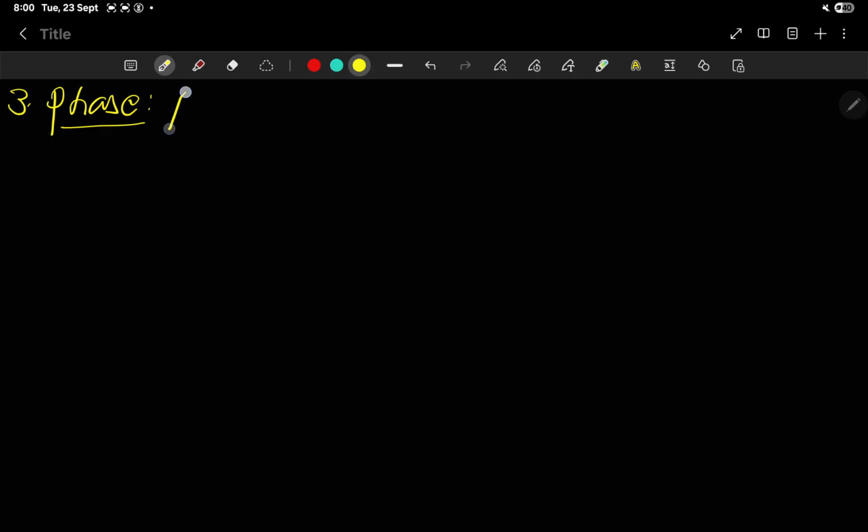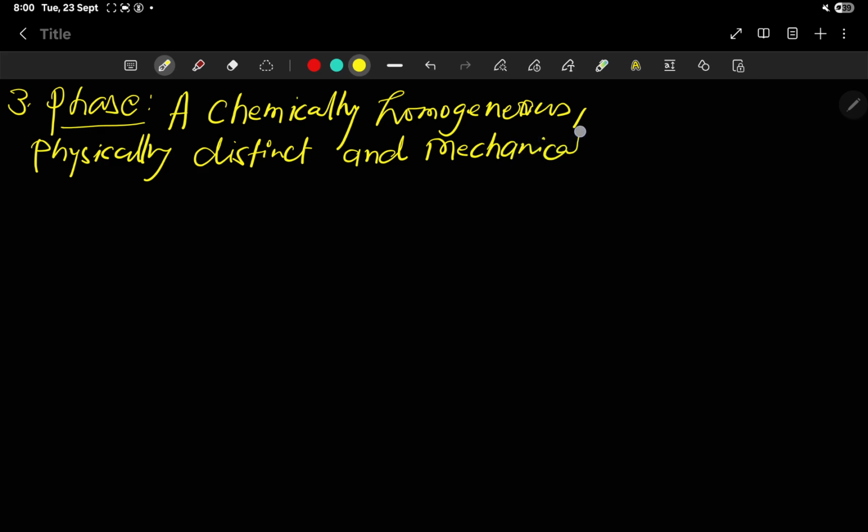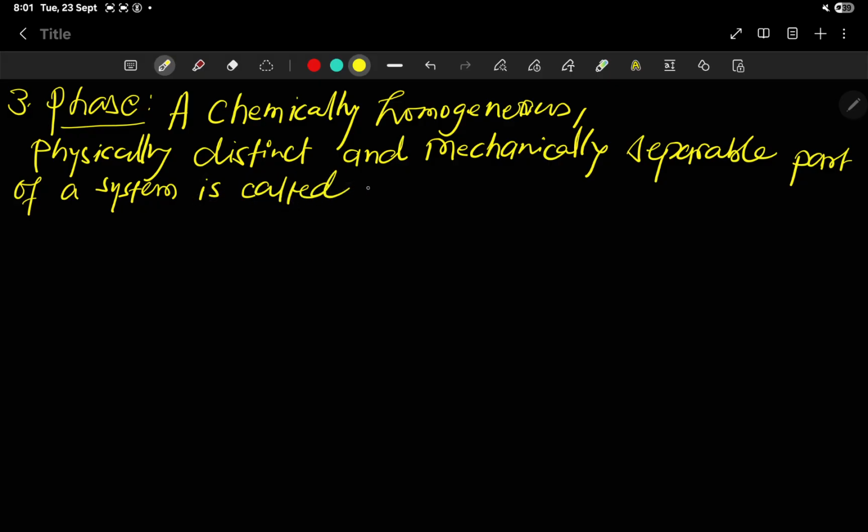Phase: a chemically homogeneous, physically distinct, and mechanically separable part of a system is called a phase.